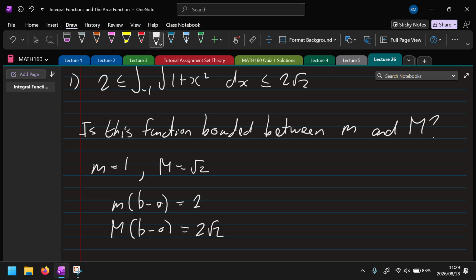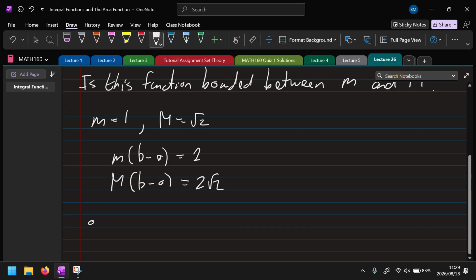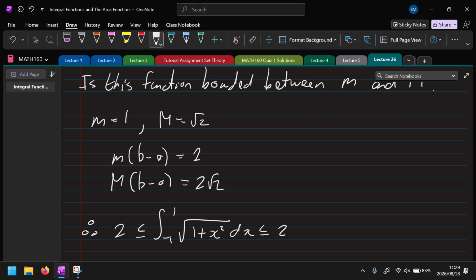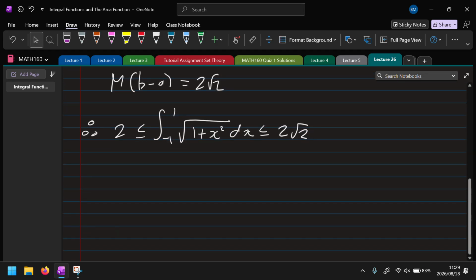So the integral lies between these two values. Therefore, 2 is less than or equal to our integral, which is less than or equal to 2 root 2. Very easy. We can use property 10 and then just find the little m and the capital M. Okay, good. Any questions for this homework problem?